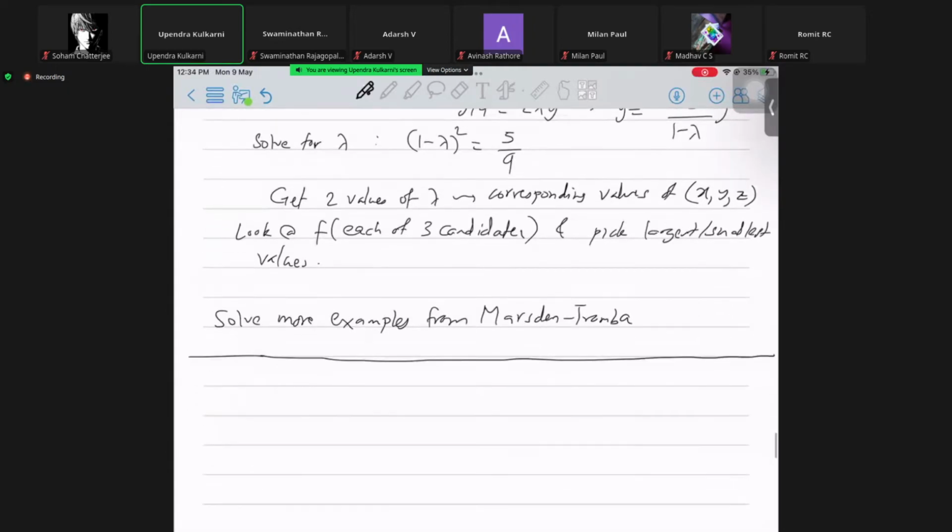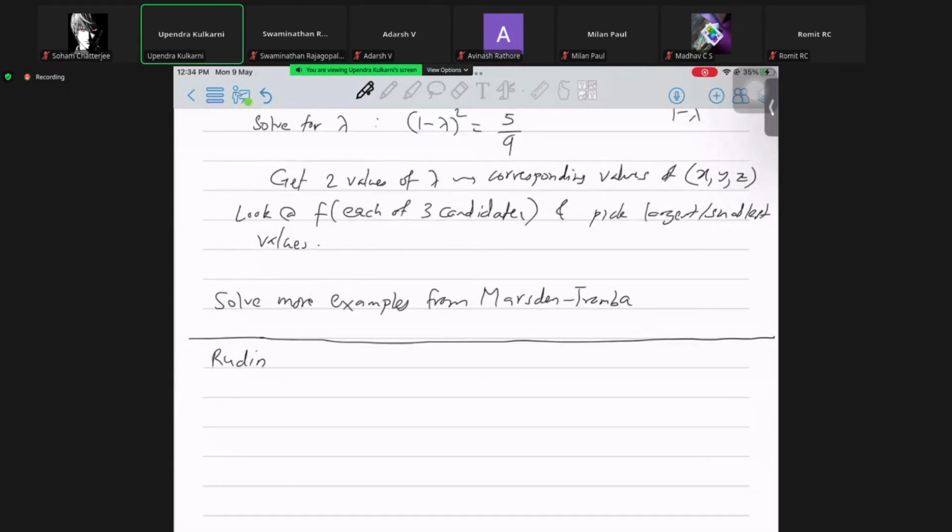So this is Rudin 9.21. So the function is f of x comma y equals 2x cubed minus 3x squared plus 2y cubed plus 3y squared.